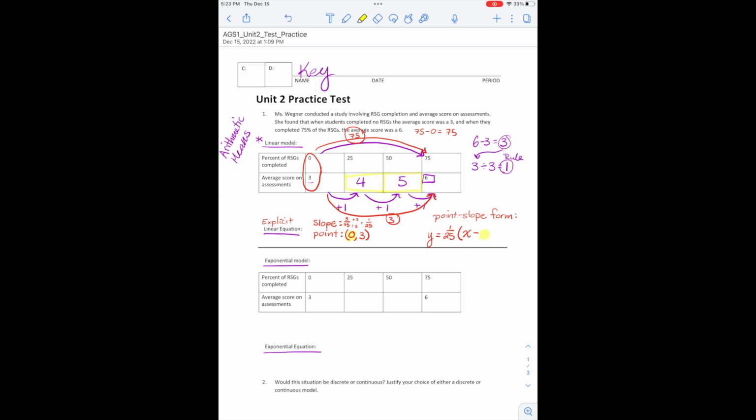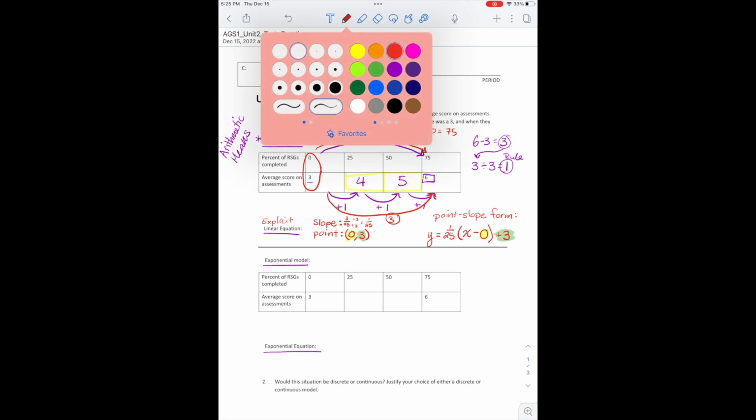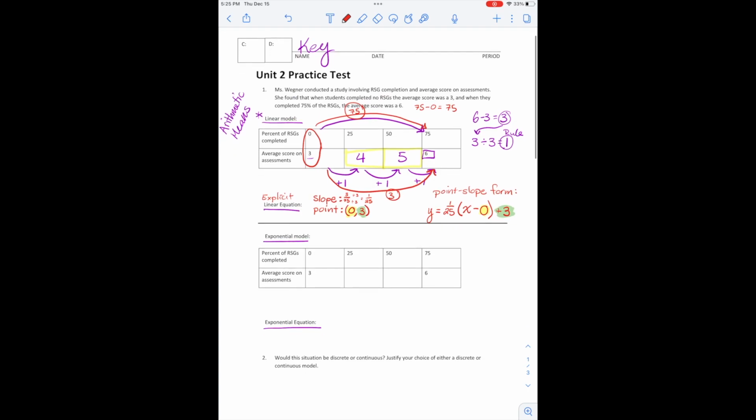That's going to be 0. And then I take the y value, and that's positive 3. So I'm going to add 3. I'm adding because this is an arithmetic sequence or a linear equation.